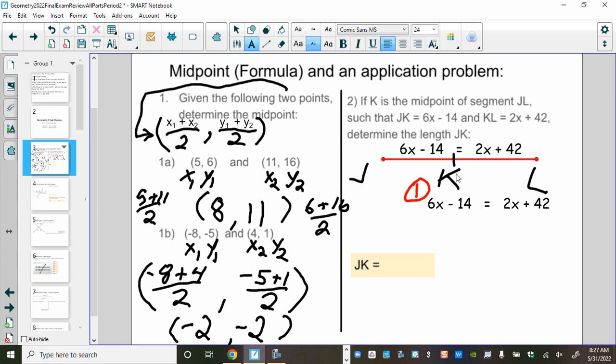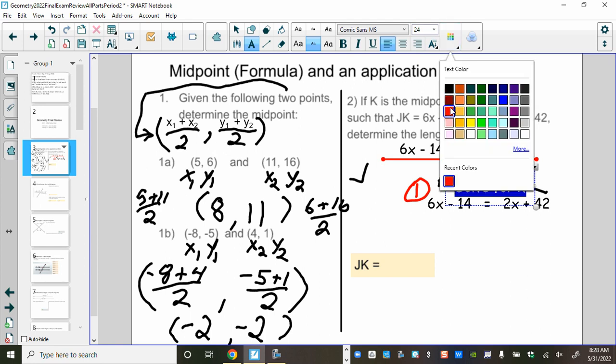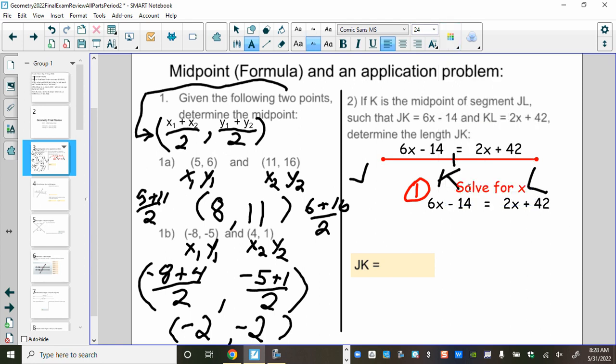Or pen, really should be pencil. So solve for x. That's step number 1 you need to take, ladies and gentlemen. You solve for the x.